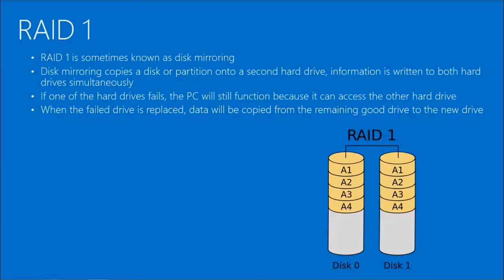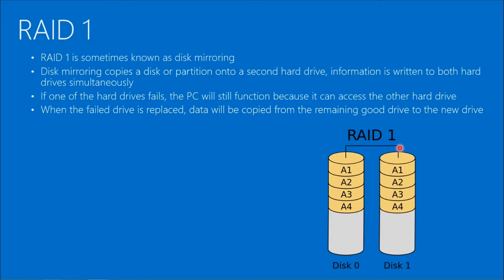RAID 1. RAID level 1 is sometimes referred to as disk mirroring. Information that's written on one drive is also written on another drive. So if either one of these drives fails, you still have the complete set of information on the other. If one fails, you take the drive out.